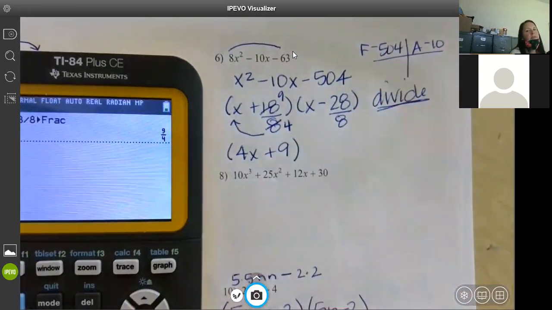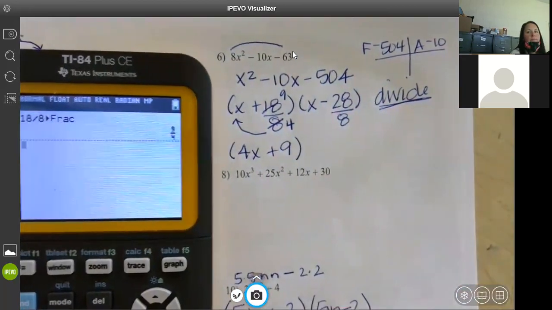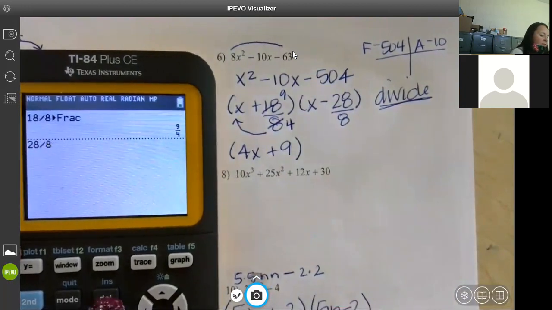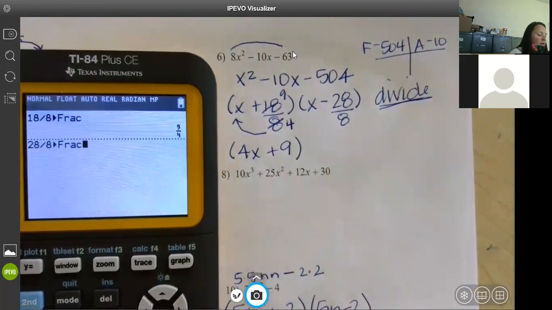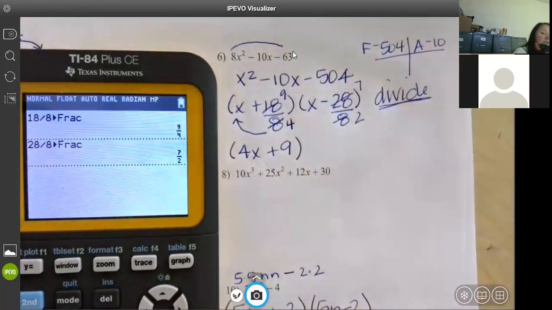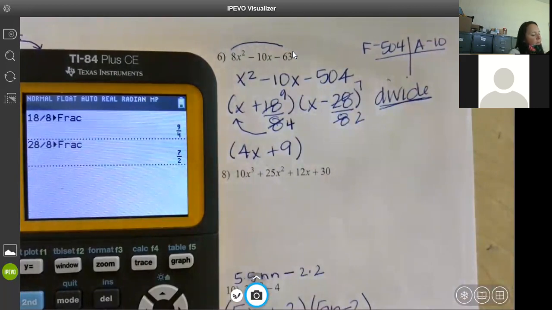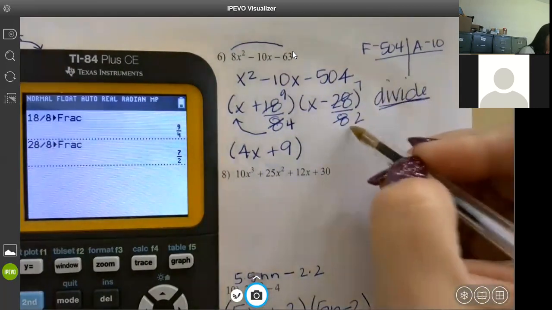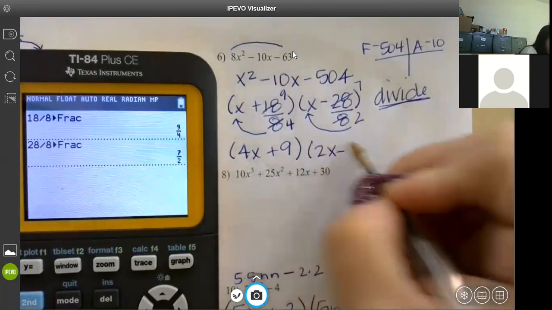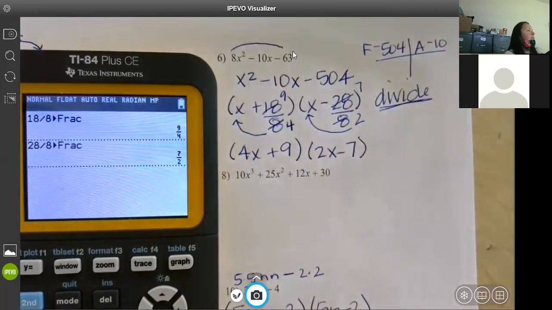So 4x plus 9. Same thing, 28 divide 8, math, enter, and we get 7 over 2. So we slide the 2 up and get 2x minus 7.